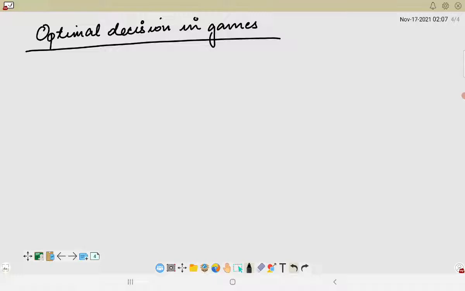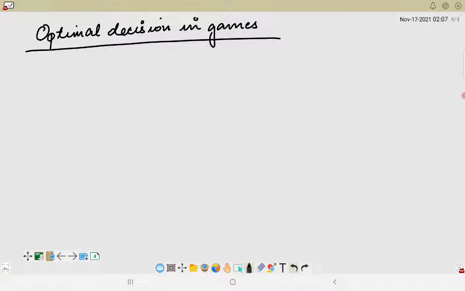For that we have to understand certain terminologies associated with the search problem of a game, or when we represent a game as a search problem.